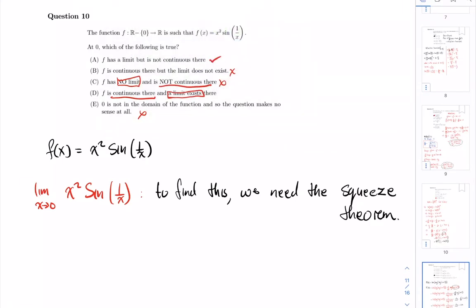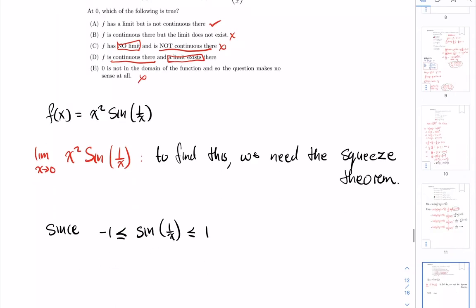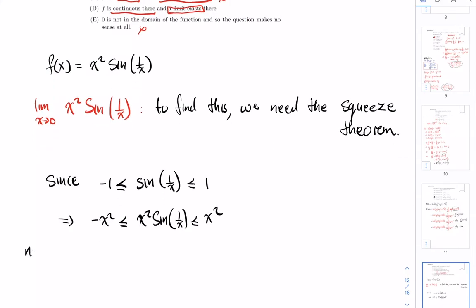I'm just going to say that since -1 is less than or equal to sine of 1 upon x, which is less than or equal to 1, this implies that negative x squared is less than or equal to x squared times the sine of 1 upon x, which is less than or equal to x squared. Now, we take the limit throughout.